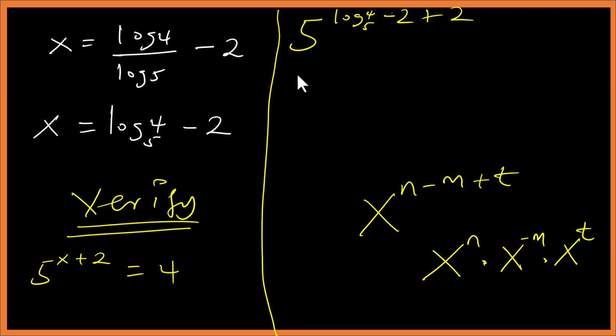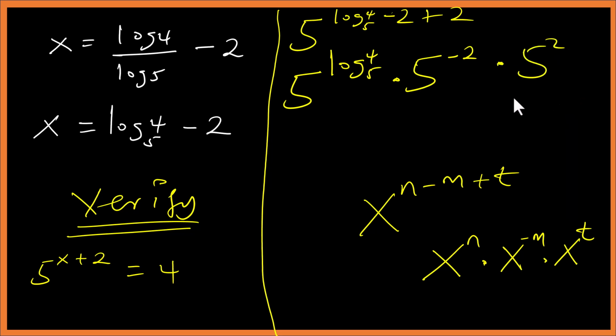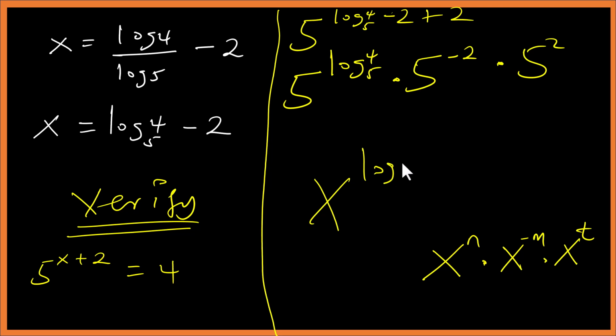So this side will be 5 raised to log 4 to base 5 times 5 raised to minus 2 times 5 raised to 2. So when we're given x raised to log m base x, the answer is m. Okay.